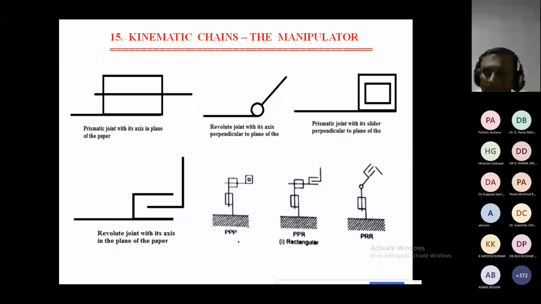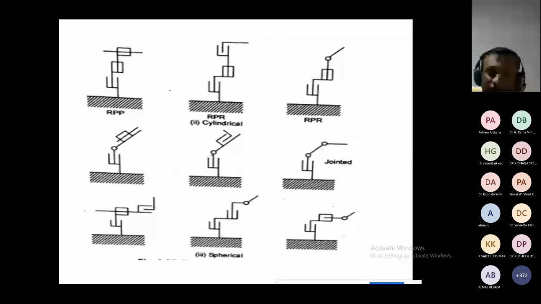PPR means prismatic and rotation, that means two prismatic motions, one rotation. PRR, one prismatic linear motion and two rotational motions. So depending upon the type of structure or the robot used, we have to make the mechanical structure. Like that, there are different kinds of structures as per the requirement of the industries. These are the basic skeleton, geometrical, you can say mechanical mechanism.